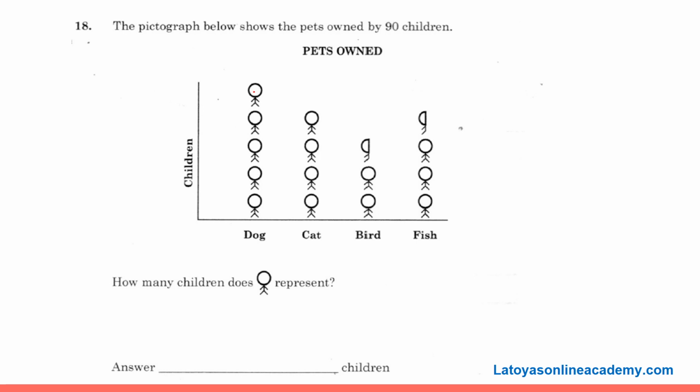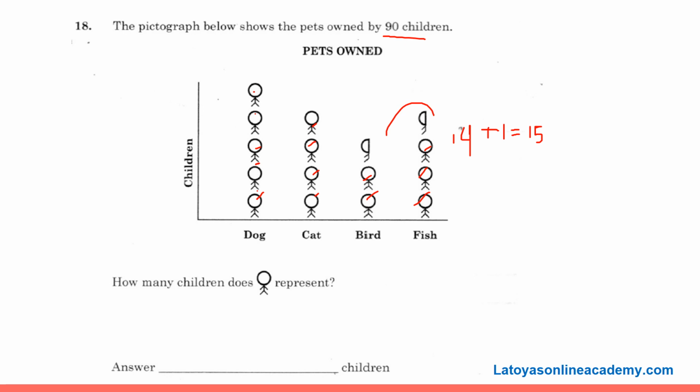We have 1, 2, 3, 4, 5, 6, 7, 8, 9, 10, 11, 12, 13, 14, and as we can see here we have two halves which will give us 1. So we have a total of 15 of these symbols, and it says here that the picture graph below shows the pets owned by 90 children.